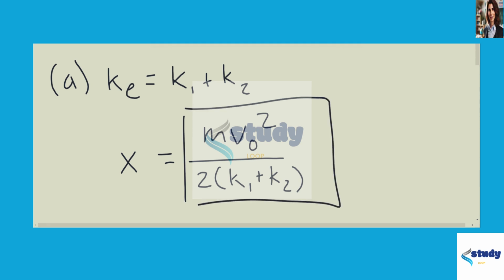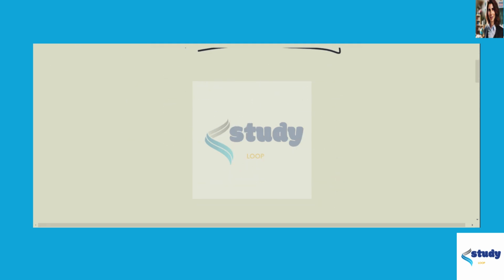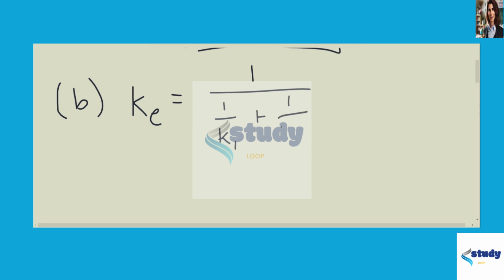Okay. Now, in parallel, it's a little bit different because the effective spring constant is equal to 1 over k1 plus 1 over k2.